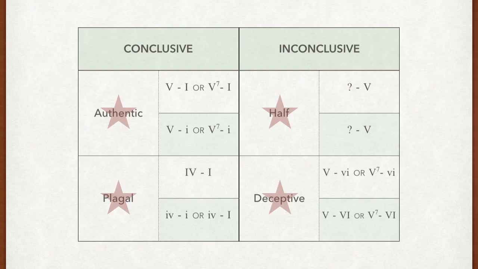The 5 chord in authentic and deceptive cadences can be a 7th chord, and the first chord of the half cadence can be just about anything, root position or in inversion. Again, always be careful that the qualities of your Roman numerals match the key that you're in. And lastly, remember the Picardy third option that we have in minor keys, changing that last tonic chord from minor to major.